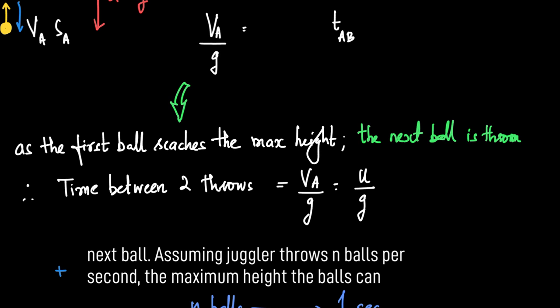What does this mean? This means that the time between two consecutive throws is TAB, equal to VA by G, or in simple terms, U by G.